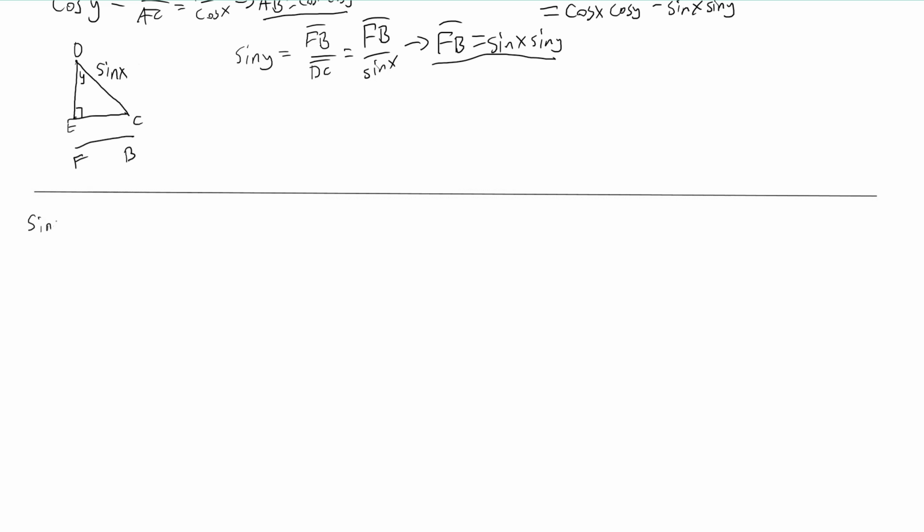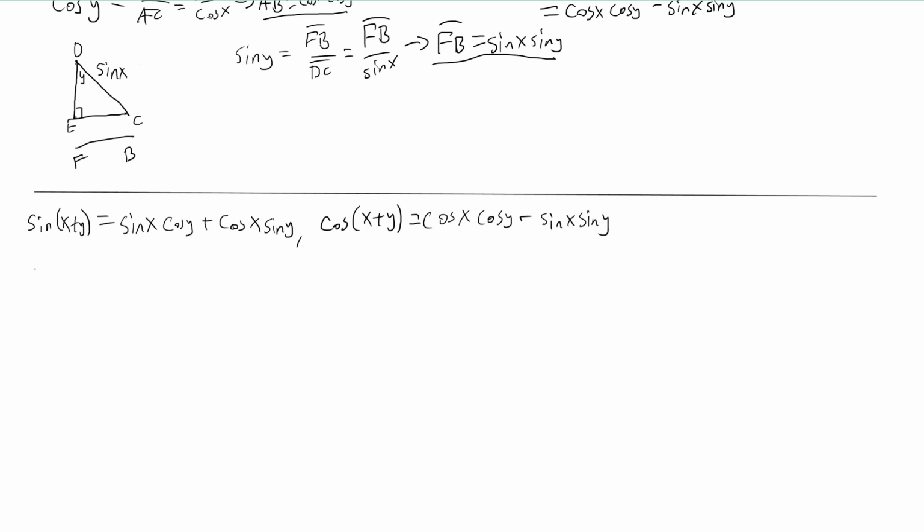So we've got sine of x plus y equal to sine x cosine y plus cosine x sine y, and the cosine of x plus y is equal to cosine x cosine y minus sine x sine y.